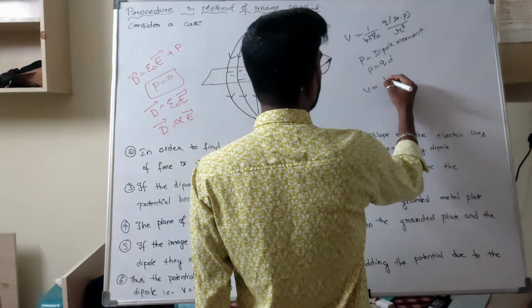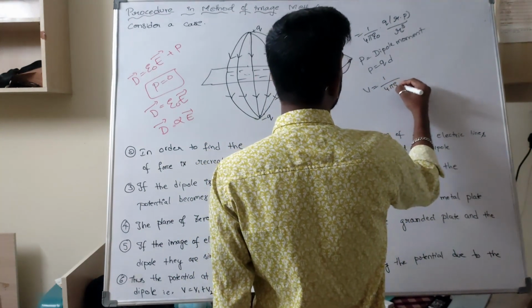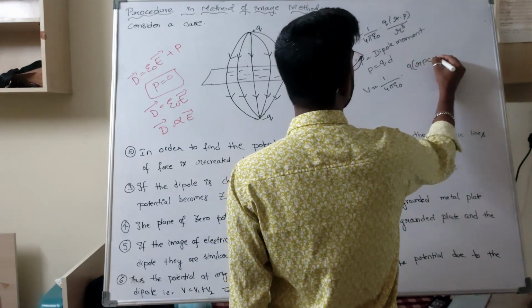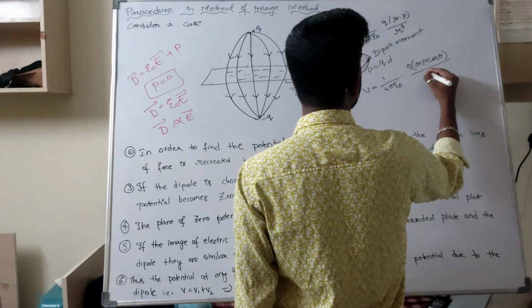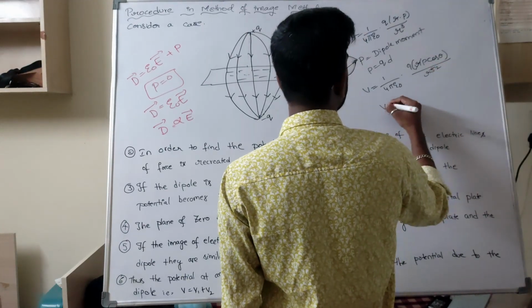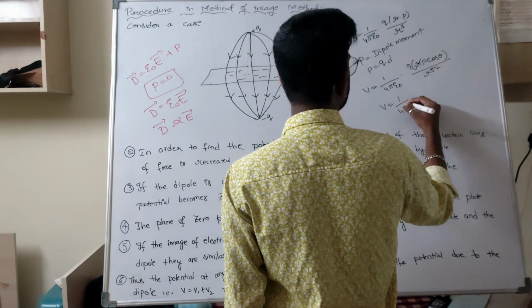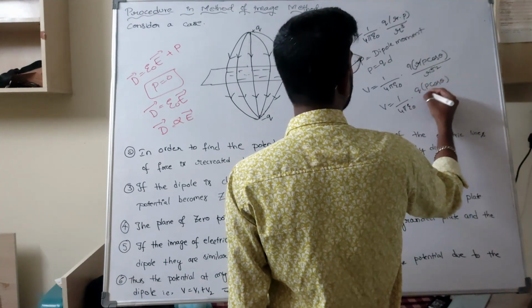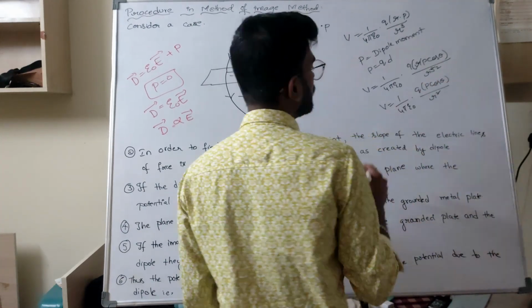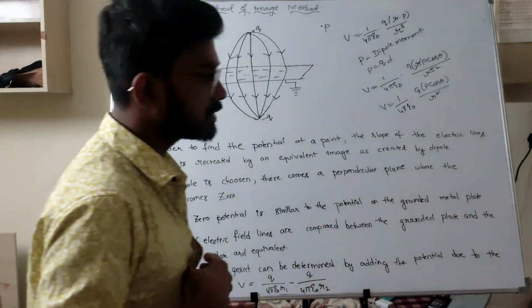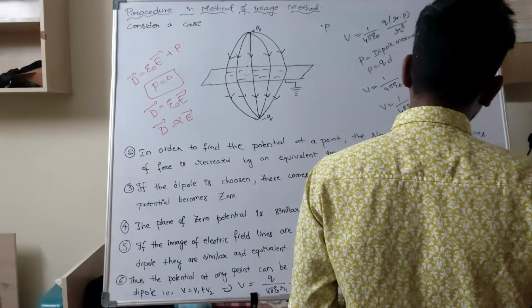So V is equal to 1 by 4 pi epsilon naught, Q R P cos theta by R cube. One R gets cancelled, so R square. So V is equal to 1 by 4 pi epsilon naught, P cos theta by R square, where theta is the angle between R and P.